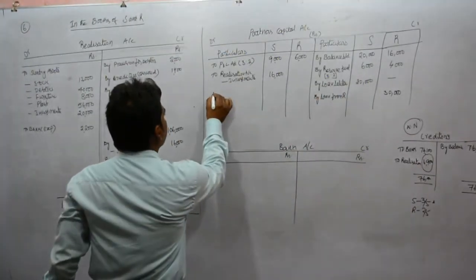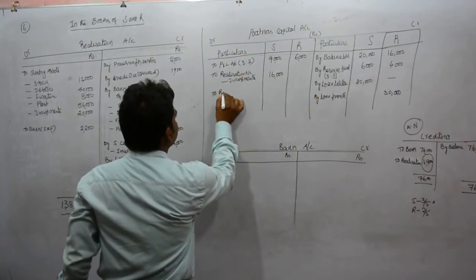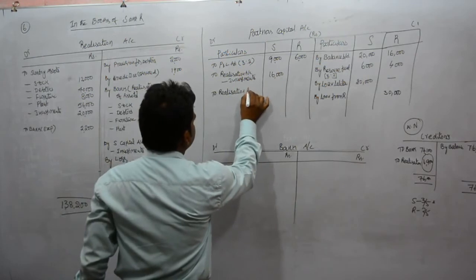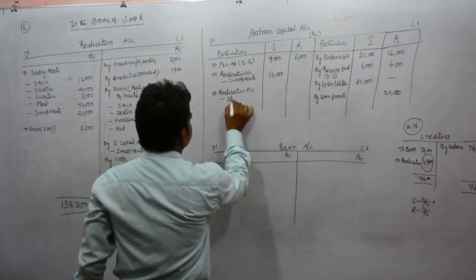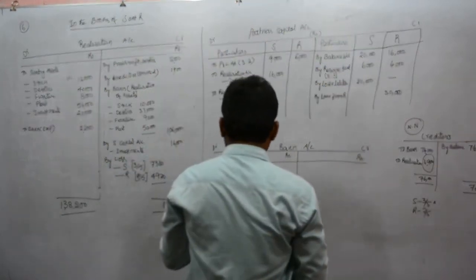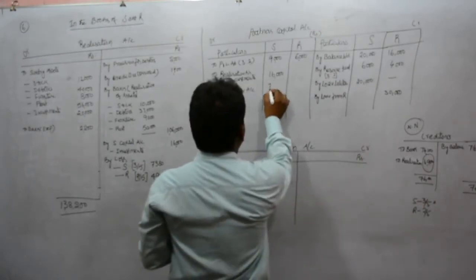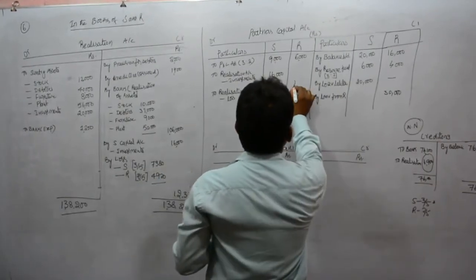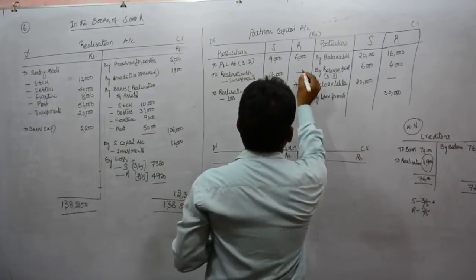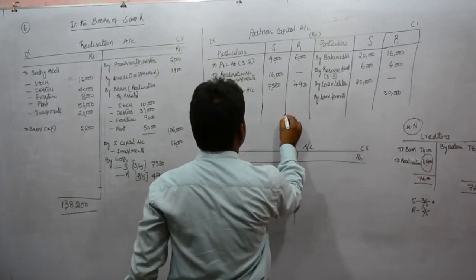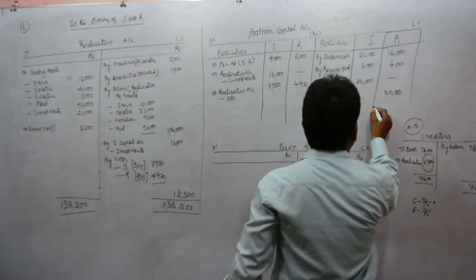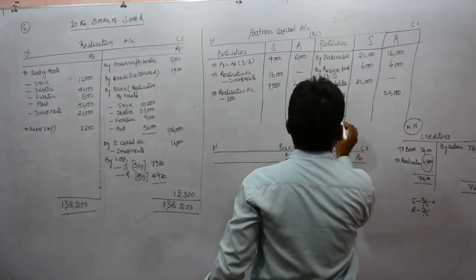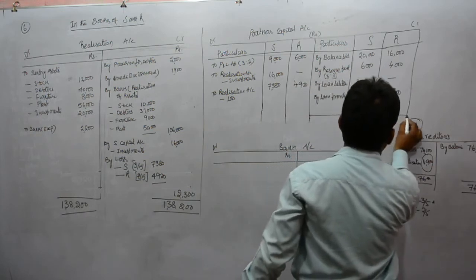The final is we have to distribute the loss on realization. Realization account, that is loss. What is the portion? 7,380 and 4,920. Okay, now finalize the account and settle them.